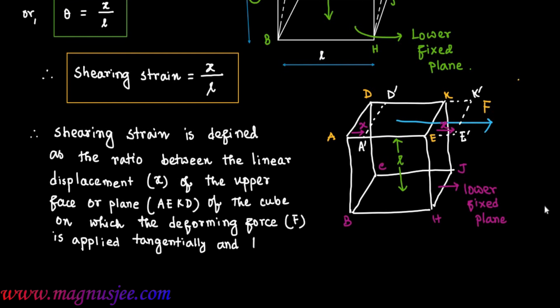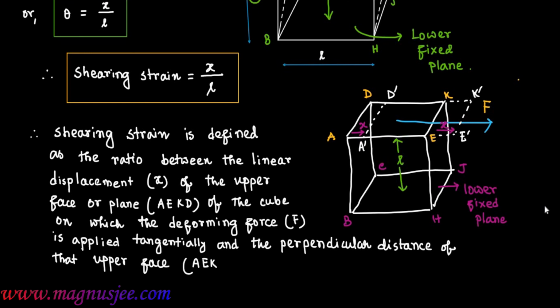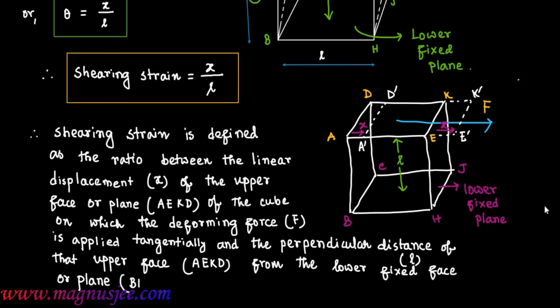and the perpendicular distance of that upper face or plane AEKD from the lower fixed plane, the perpendicular distance L, from the lower fixed plane or face BHJC of the cube.